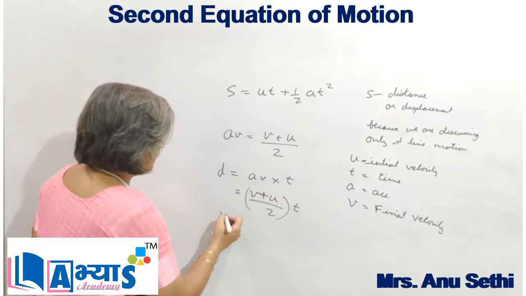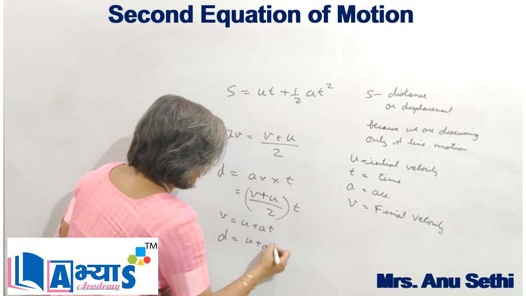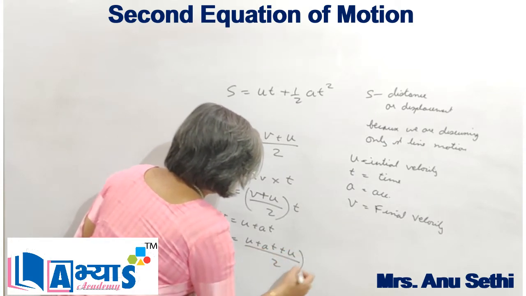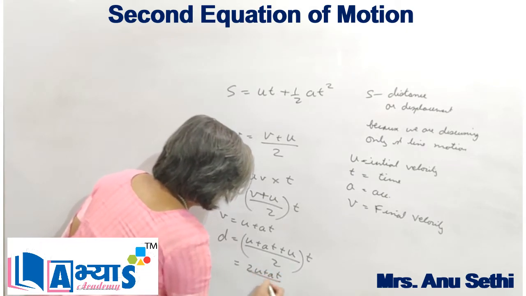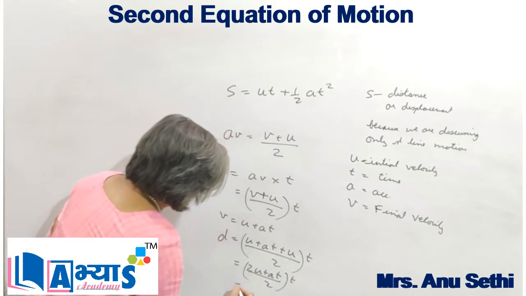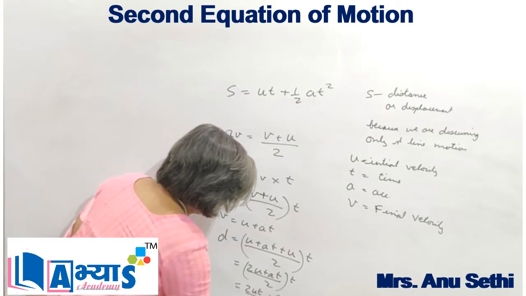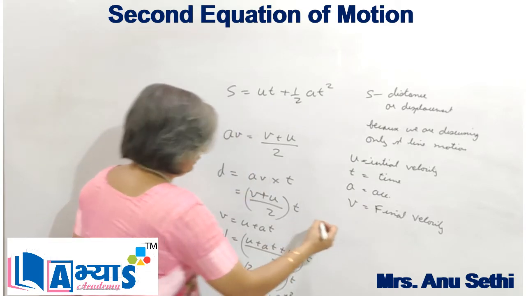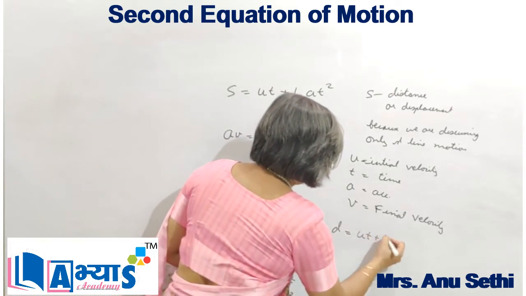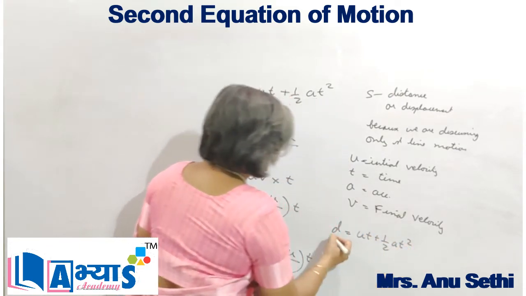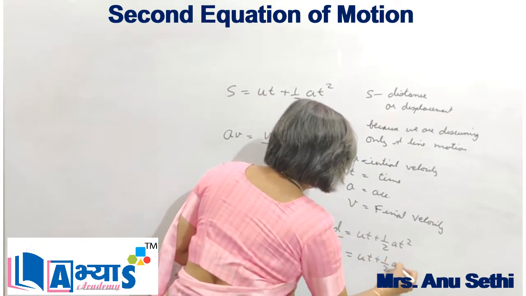Now replacing v with u plus at, we get u plus at plus u upon 2 into time, or 2u plus at upon 2 into time, or 2ut upon 2 plus at square upon 2, or d is equal to ut plus half at square. Here the distance is denoted by s, so the formula becomes s is equal to ut plus half at square.